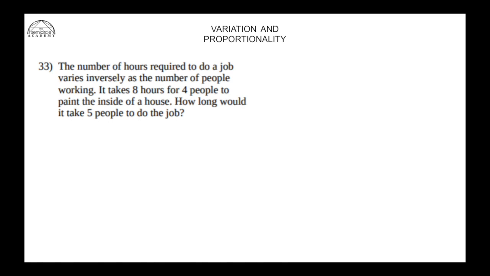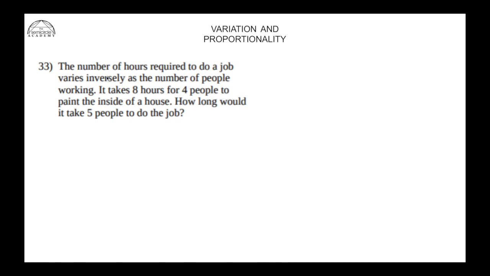We could use h for hours. And if it varies inversely, then I'm picturing in my mind 1 over h. Yeah? So you notice I didn't even read the rest of the question yet, and already I'm drawing certain conclusions based on the information that I'm getting. So I have 1 over h in my mind.